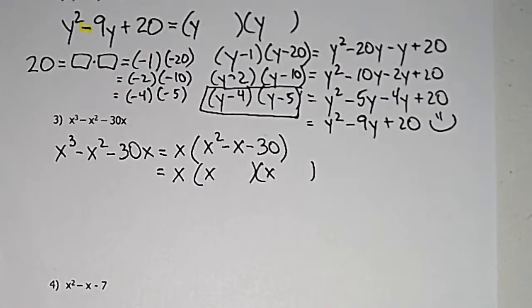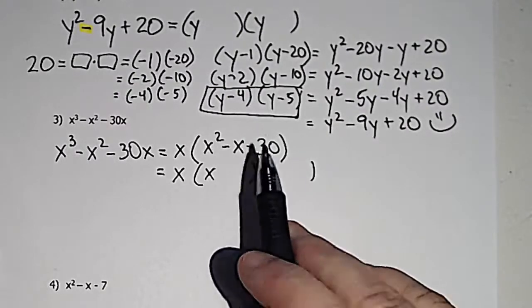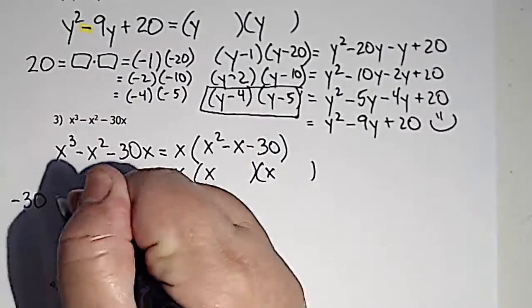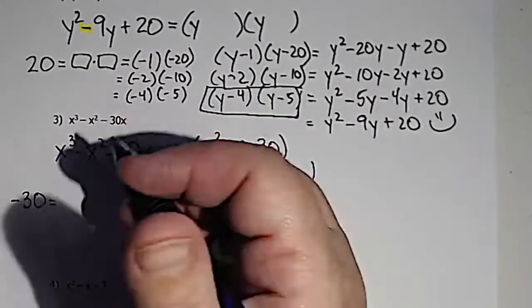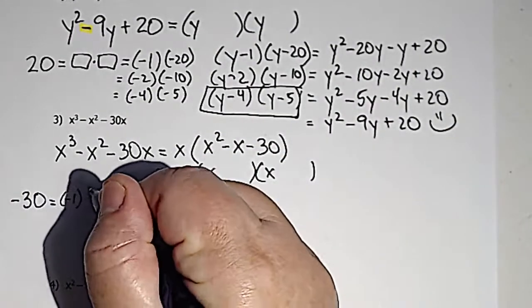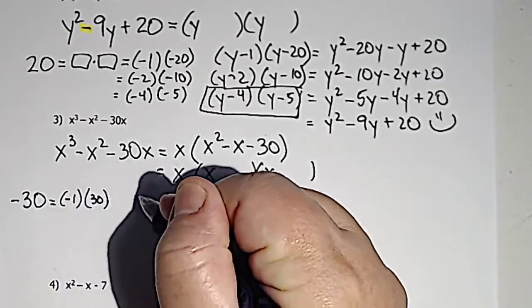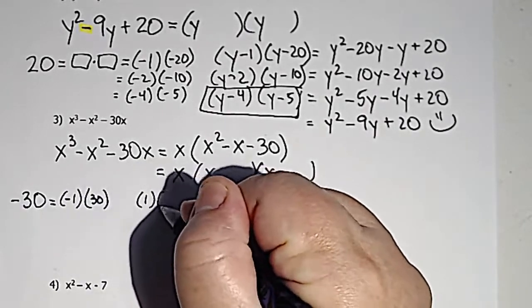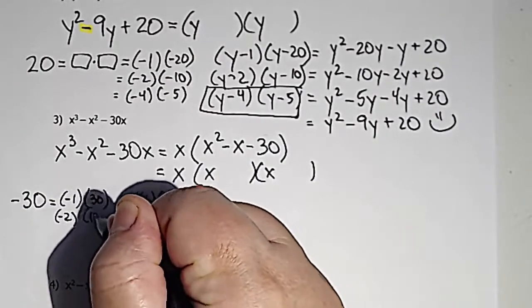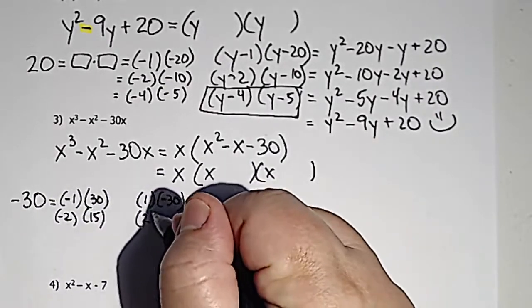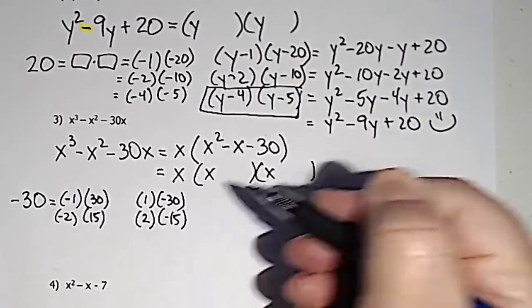Now, here's the interesting thing. The number I'm looking for is negative 30. How can I make negative 30? Well, I could do negative 1 and positive 30, or 1 and negative 30. I could do negative 2 and 15, or positive 2 and negative 15.